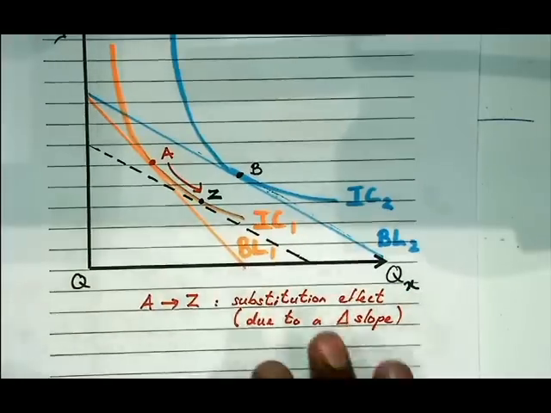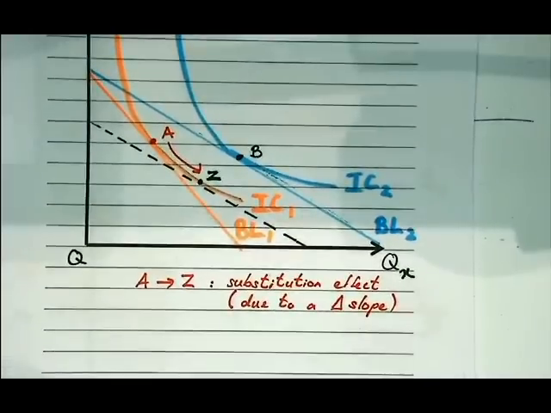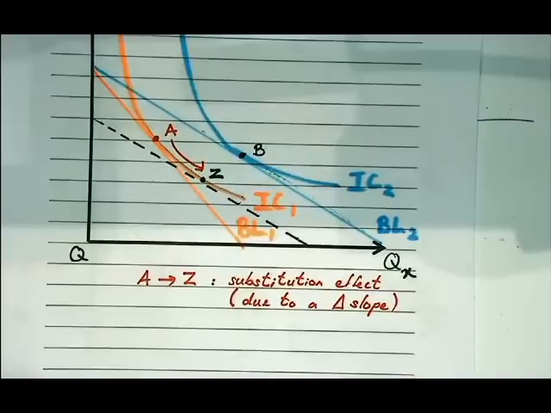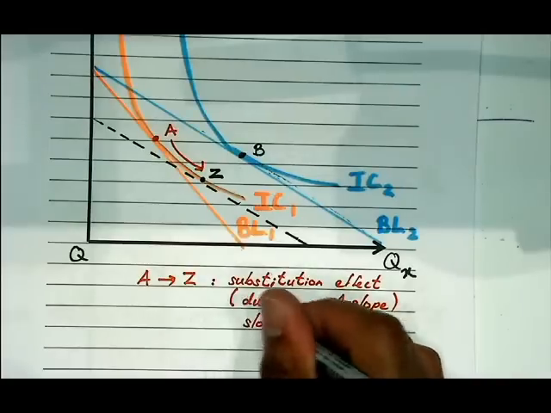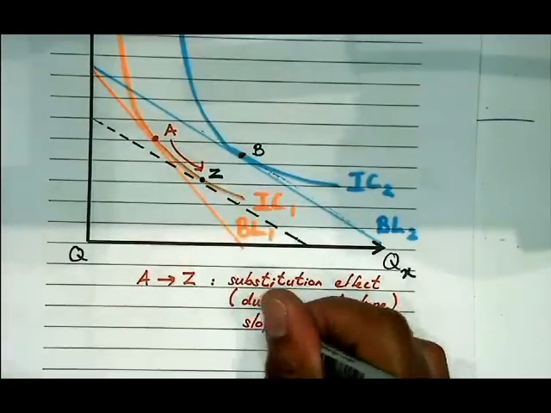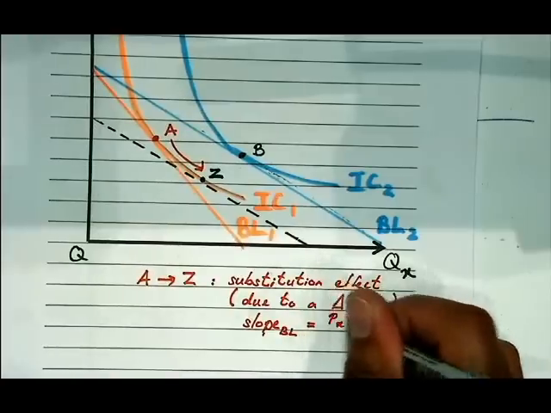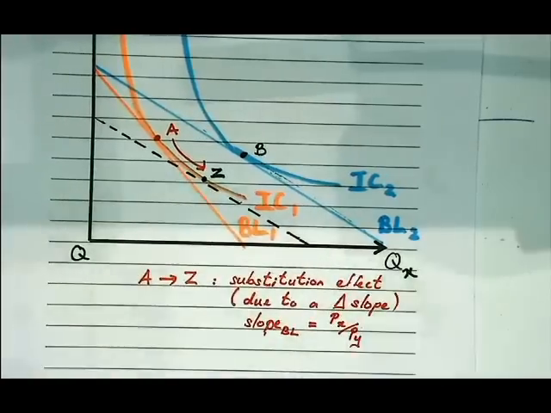And what does the slope represent? What does the slope of an indifference curve represent? Relative price. Slope, oh sorry, I said it the wrong way. What does the slope of a budget represent? The slope of a budget represents the relative price.